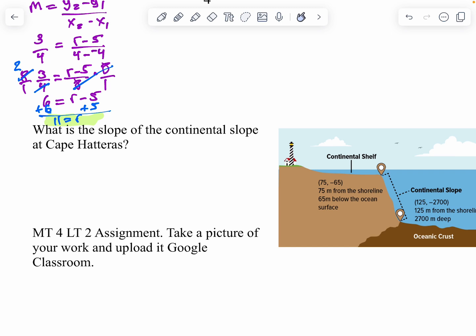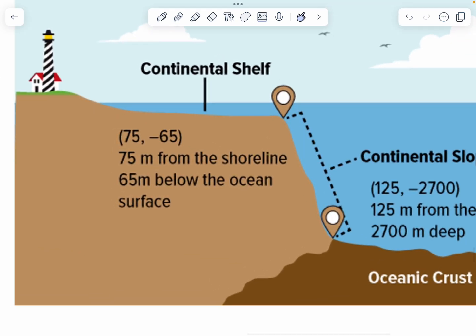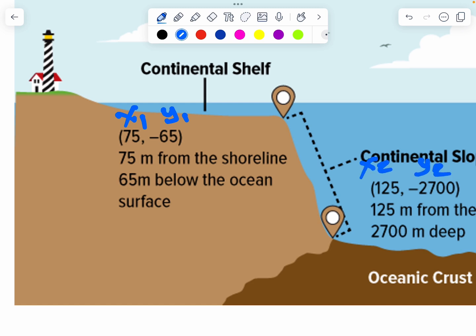So it falls here, doesn't it? Notice what happens here. We've just got these 2 points. 75 and negative 65, that's x1 and y1. And then 125 would be my x2, and negative 2700 would be my y2.